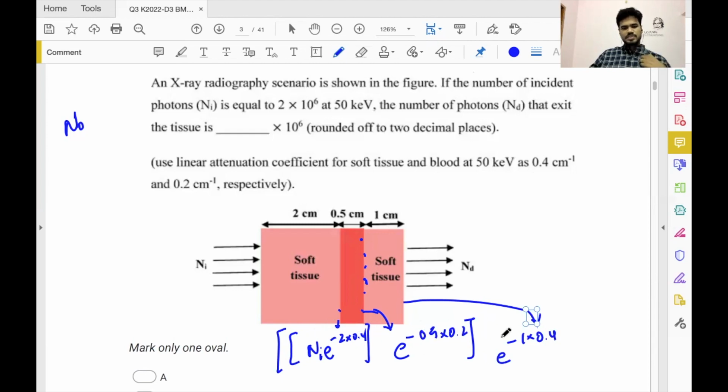Notice this times this is non-linear. In fact, one second, let's quickly check if you could add things. Yeah, you should actually be able to add them, because powers of e you could add.